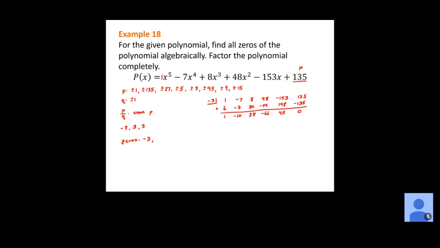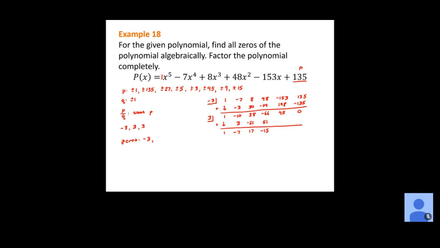All right, so now we're going to test the +3. Same thing, bring down the 1 first. Then we're going to multiply. 1 times 3 is 3. -10 plus 3 should give us -7. -7 times 3 is a -21. 38 plus -21 should be 17. 17 times 3, 51. -66 plus 51 should give us a -15.